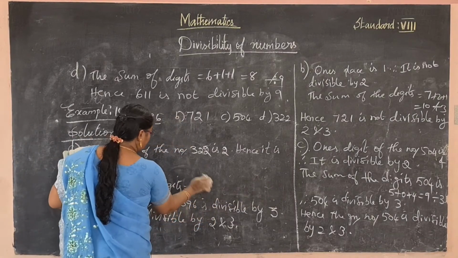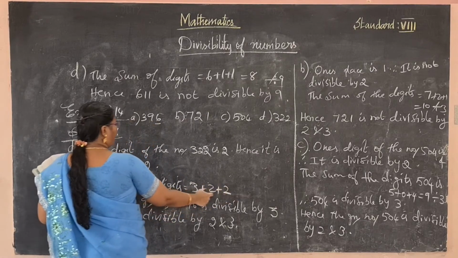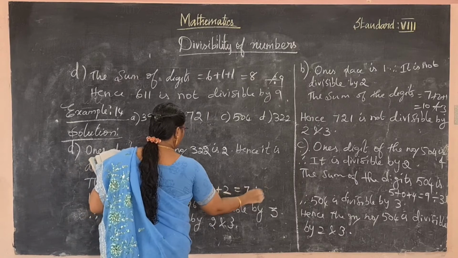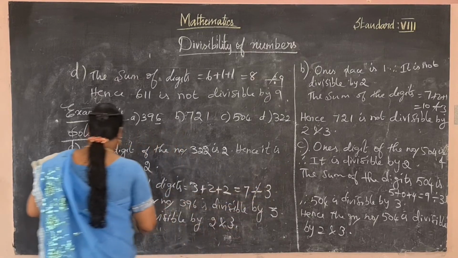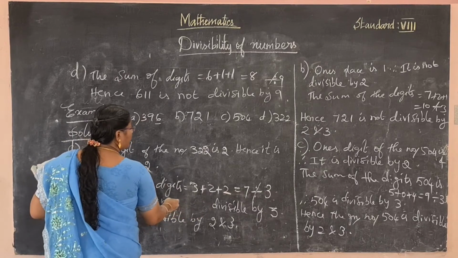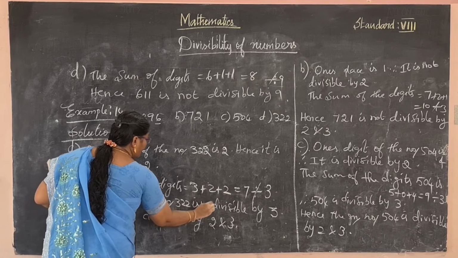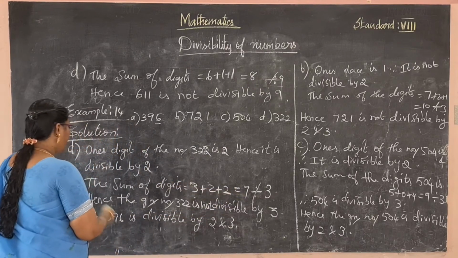What is that? 3 plus 2 plus 2. So 5 plus 2, 7. 7 is not divisible by 3. So the given number 322 is not divisible by 3.